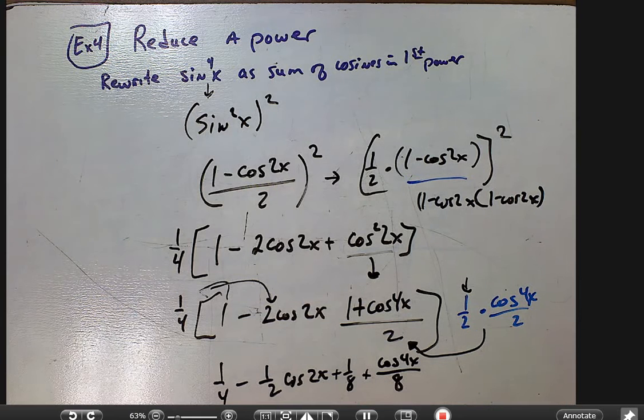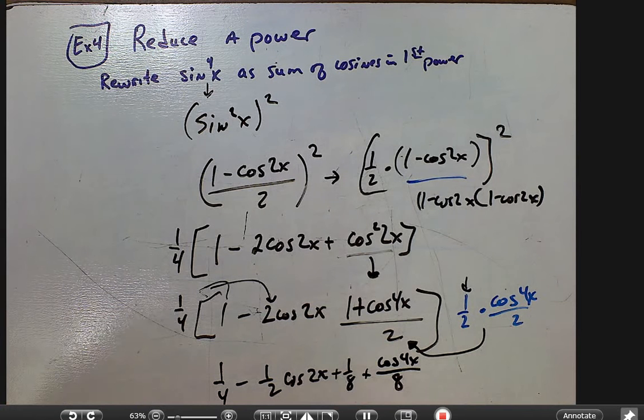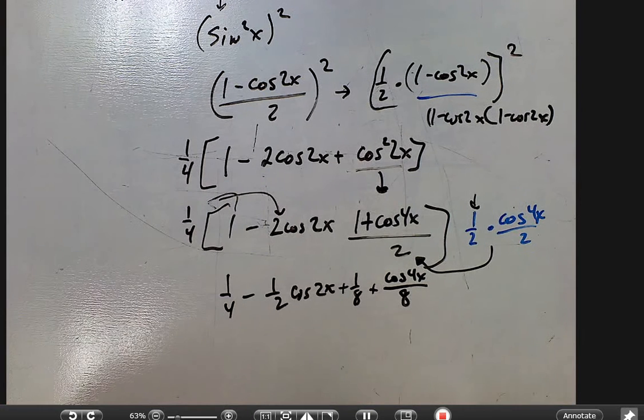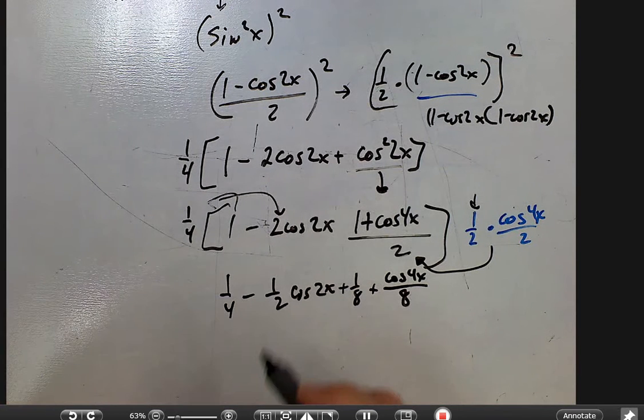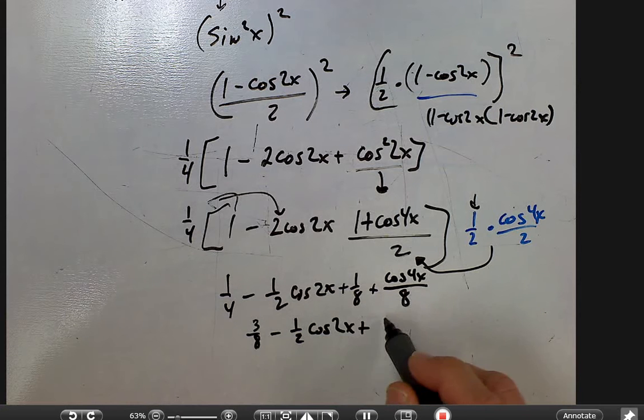So I have to take 4 times 2 and get to 8. Okay, looks like that. Combine like terms, 1/8 and 1/4 is going to give you 3/8 minus 1/2 cosine 2x plus 1/8 cosine of 4x.